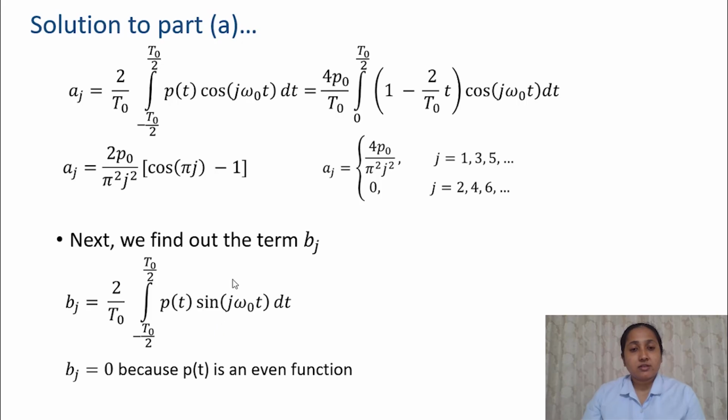So that means sine minus x is equal to minus sine x. So if we integrate an odd function from minus t naught by 2 to t naught by 2, that is over a period, that becomes 0. So this term bj is equal to 0 for all values of j.